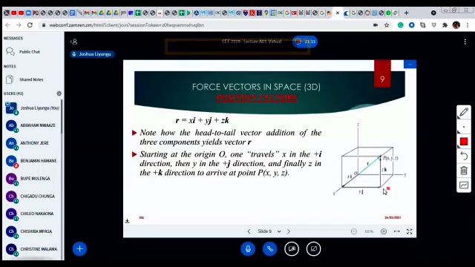There are other situations where you might find that the position vector does not start from the origin.